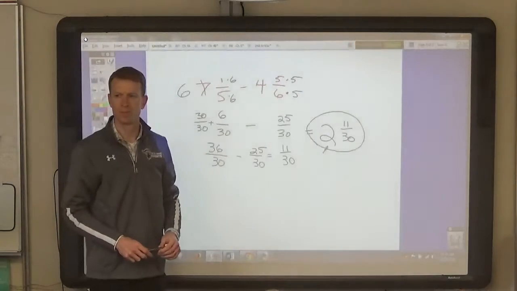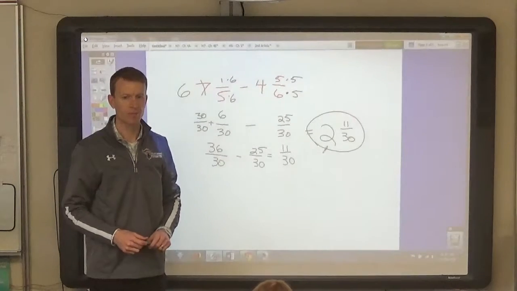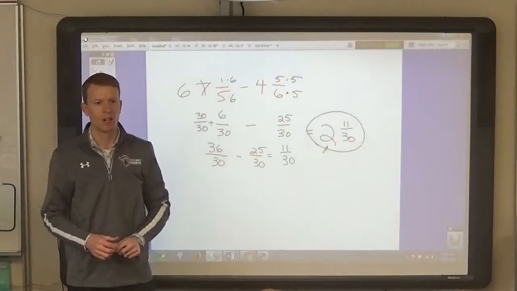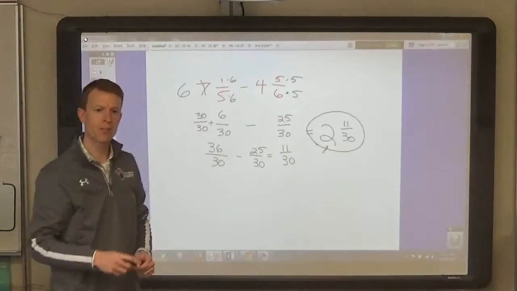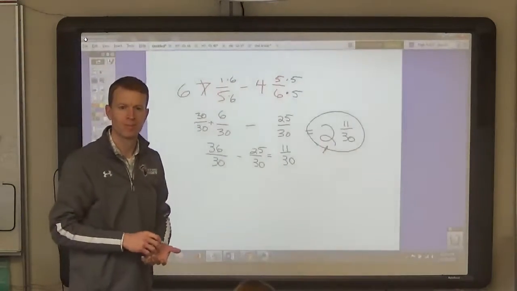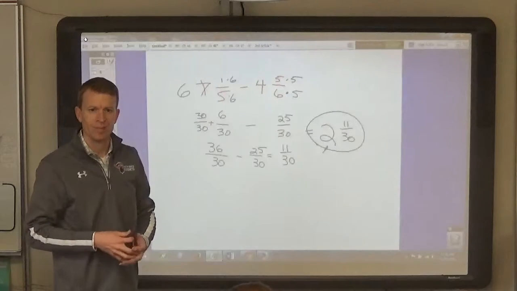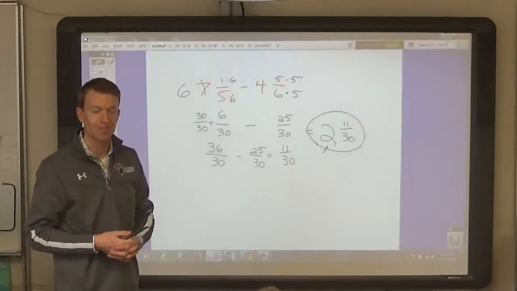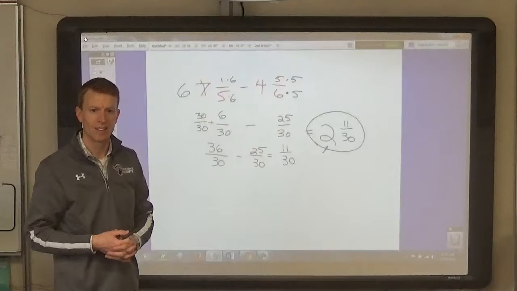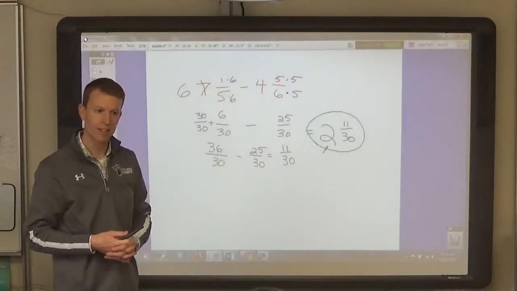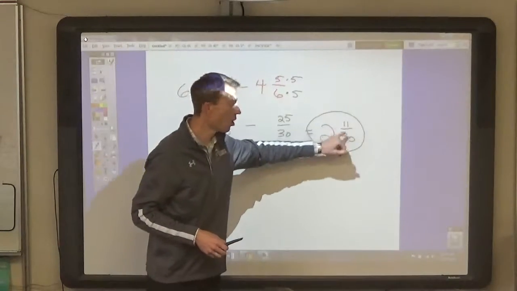Is 11/30ths in simplest form? How do you know? How do you know something is in simplest form? Catherine? Because 11 can't evenly go into 30, and 30 isn't a multiple of 11. Okay, good. 11 doesn't go into 30.